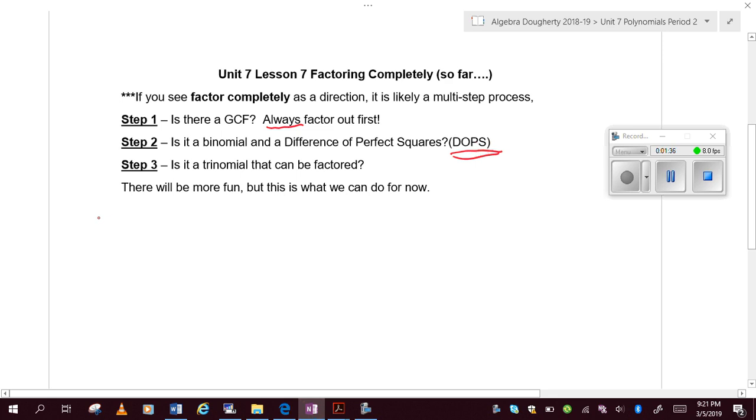Let's take example 1. Let's take 3x squared plus 6x minus 15. Relatively simple. Well, the 3 numbers there, we really just have to look at the 3. Does the 3 go into all of these? They have no variable in common, and, well, 3 does go into all these, so the GCF is 3.